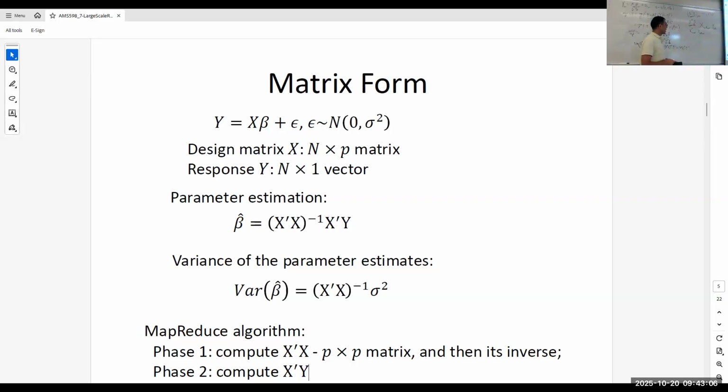Each of them contains about 10 billion elements, since 10 to the 9 is 1 billion. You want to do the regression. Now, how do you do that?